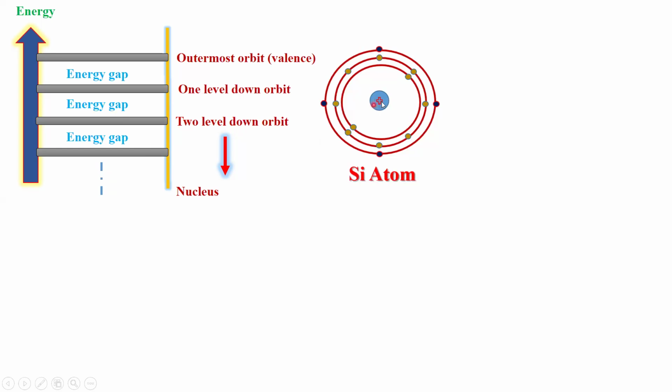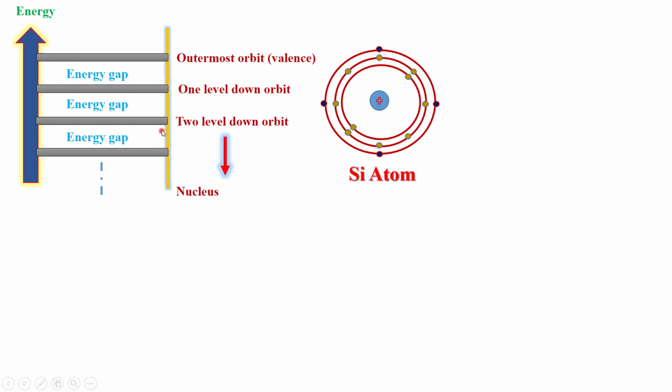If you go up from the nucleus, you have various orbits, and each orbit has electrons, as you can see in this picture, and those electrons are said to possess, or sit at, a particular energy level.